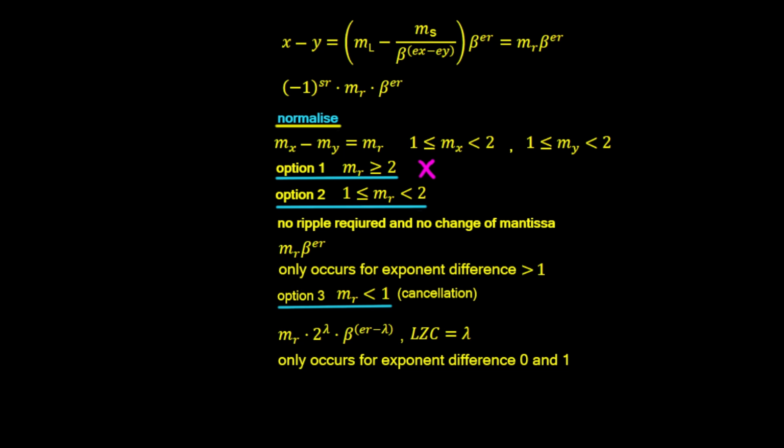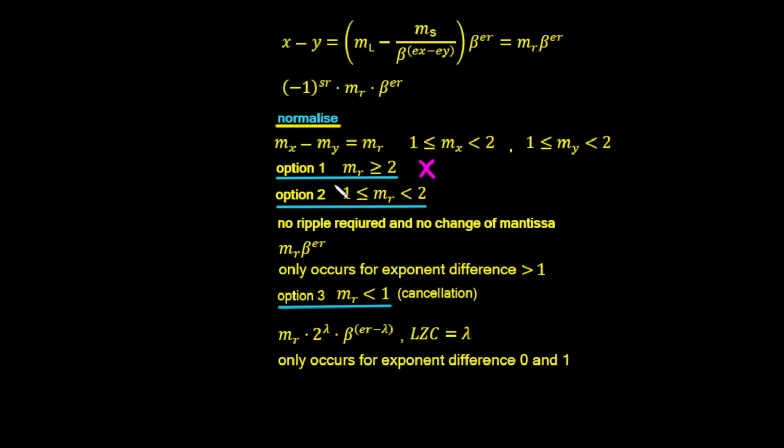So we won't go through all of the details of subtraction, but this gives us an indication of what is happening. So we can subtract y from x, and again we subtract off the values for the mantissa for y from the mantissa for x, and we get our final result.